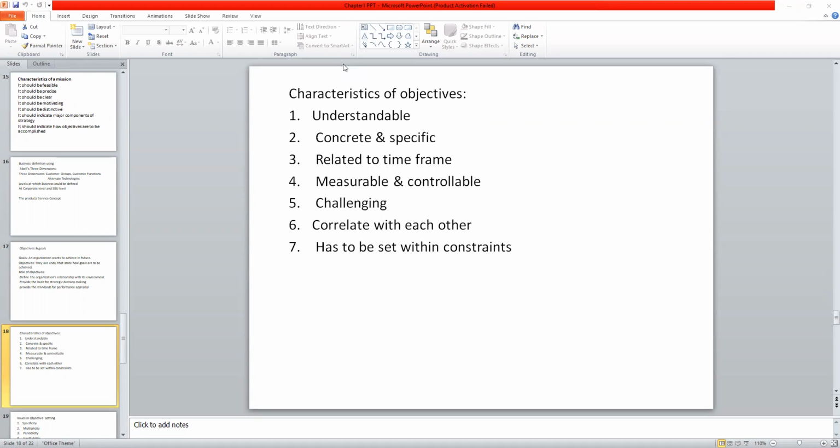Now, objectives should also be concrete and specific. Suppose the company has the objective of increasing the profits by a certain margin. In that case, they should be more specific while stating the percentage of the sales to be achieved. There should be some pool of data available. One cannot just blindly go ahead with the figures while quantifying them.